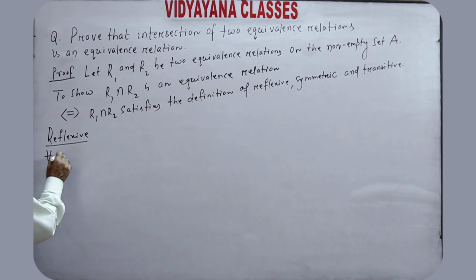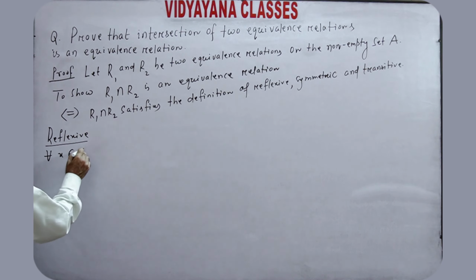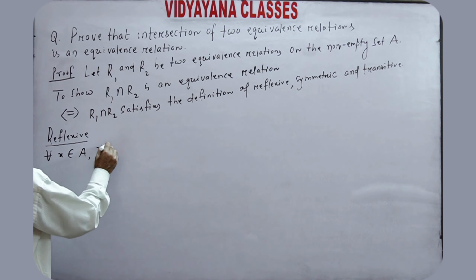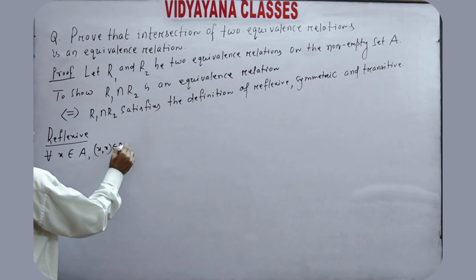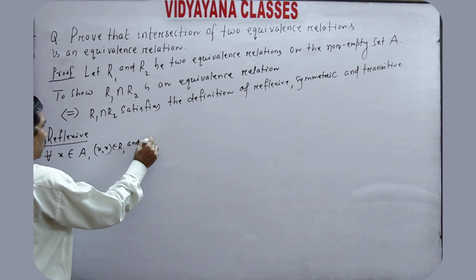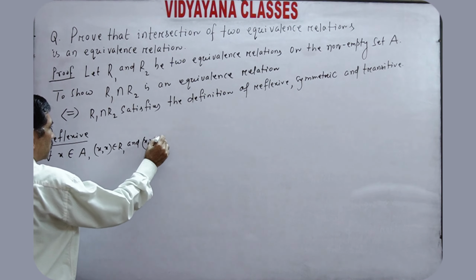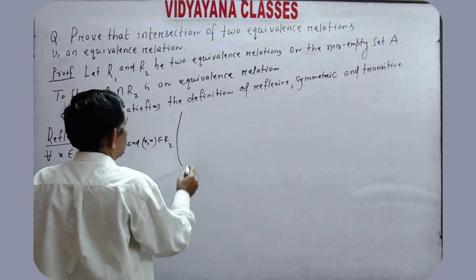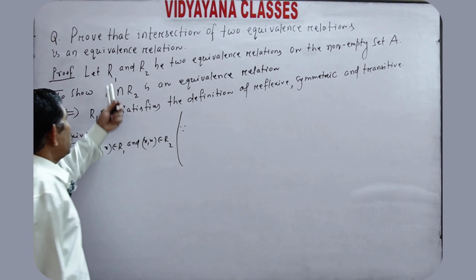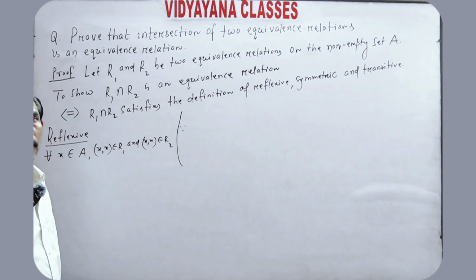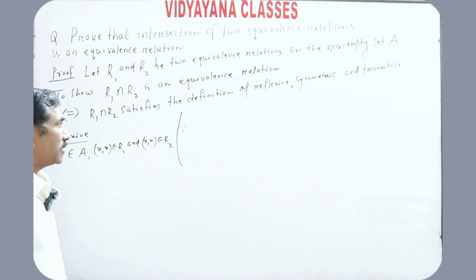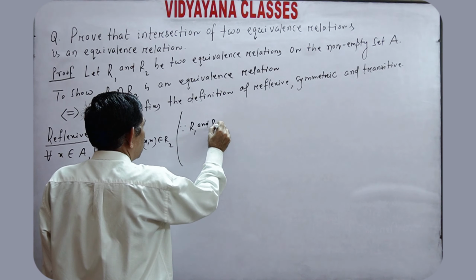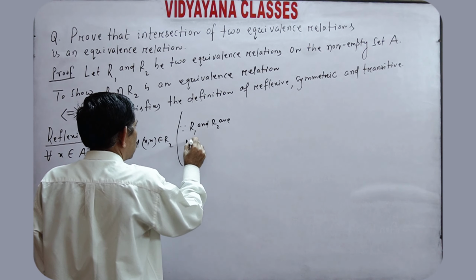For all x belongs to the given set A, (x,x) belongs to R1 and (x,x) belongs to R2. Since R1 and R2 are equivalence relations, R1 and R2 are reflexive.